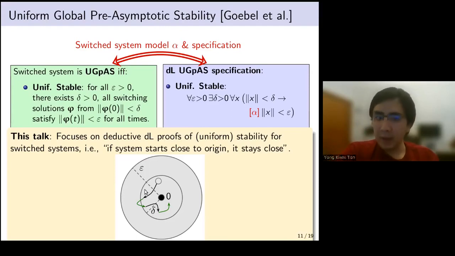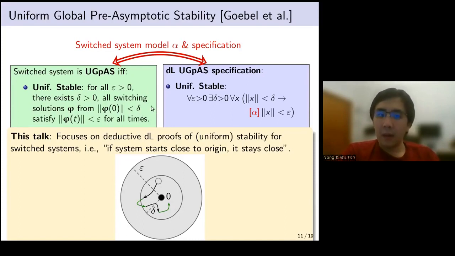Mathematically, it says that for all epsilon balls around the origin, there is a smaller delta ball such that if the system is started within the delta ball, then for all switching signals, no matter what signal is allowed by my switching mechanism, if I follow that switching signal, I might exit the delta ball, but I'm guaranteed to stay within the epsilon ball.